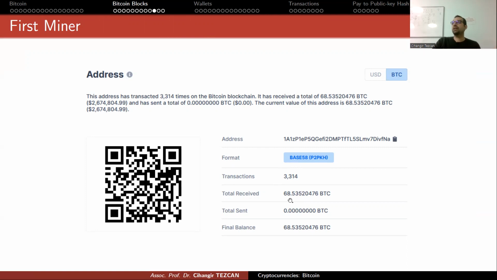So Satoshi can appear and use the remaining 18 Bitcoins and transfer them to someplace else. This is how Satoshi can prove that he's really Satoshi. As you can see, this account received this amount of Bitcoin, but nobody sent it to any place else. Right? So this is the catch, actually.